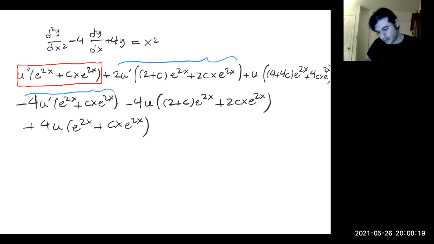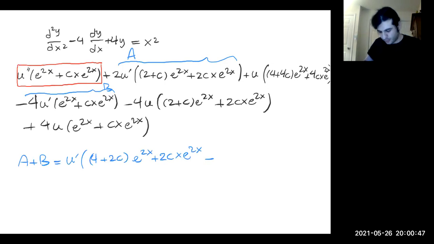So if I want to combine these two, let's call one of them A, let's call one of them B. So what is A plus B? Let's combine these two terms. One of them is u prime times 4 plus 2c e to the 2x plus 2cx e to the 2x, minus 4 times e to the 2x minus 4cx e to the 2x.